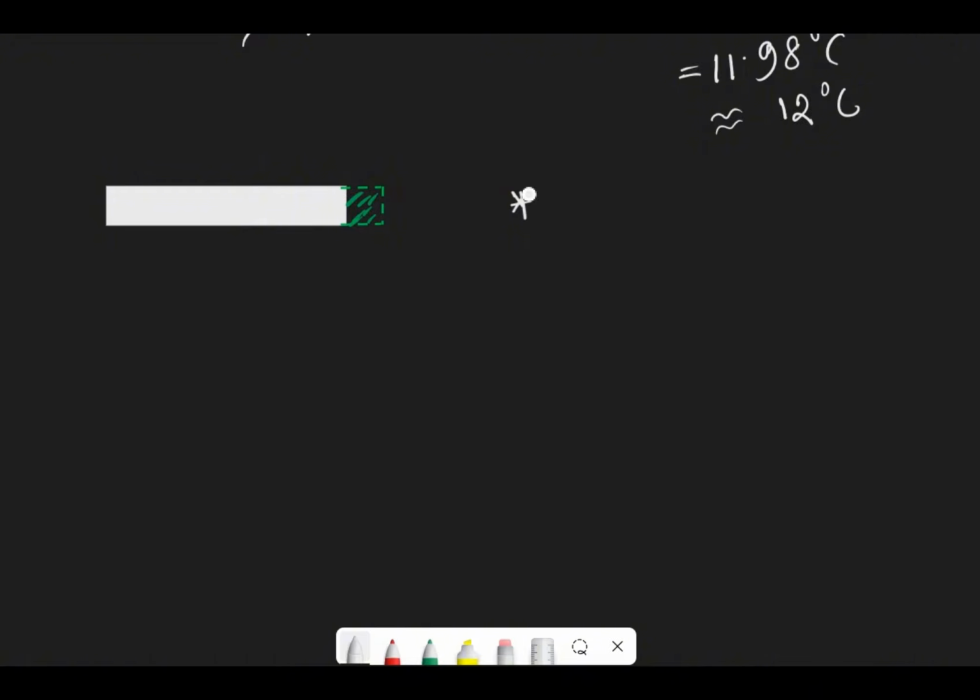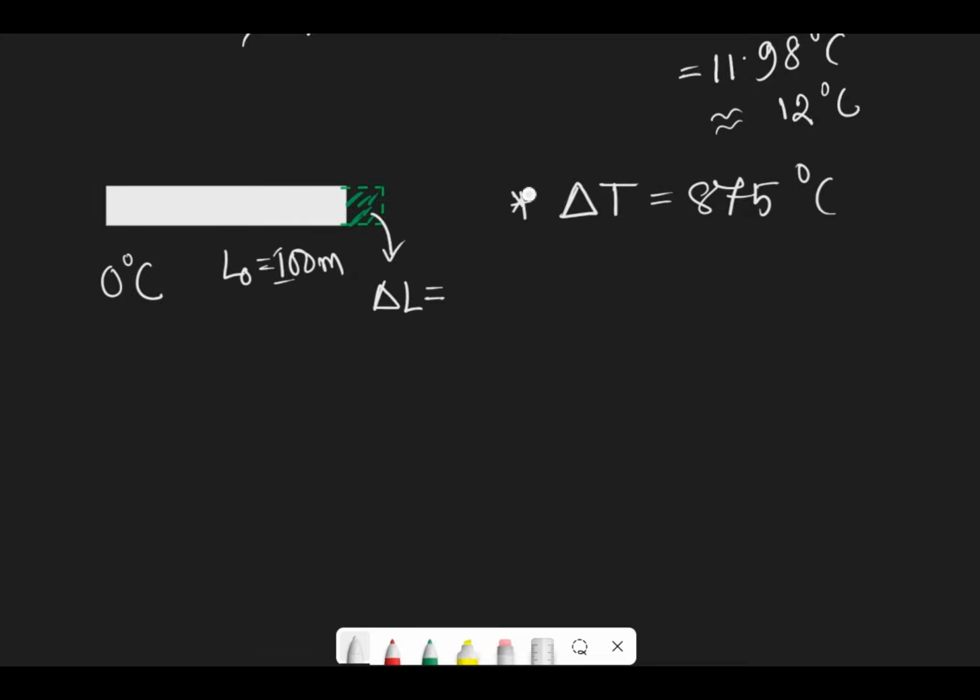In this part, the rise of temperature, del T, is equal to 875 degrees Celsius, as the initial temperature was 0 degrees Celsius. At 0 degrees Celsius the initial length L naught was the same 100 meter, and the length expansion, colored green, del of L, is equal to 0.02 meter.